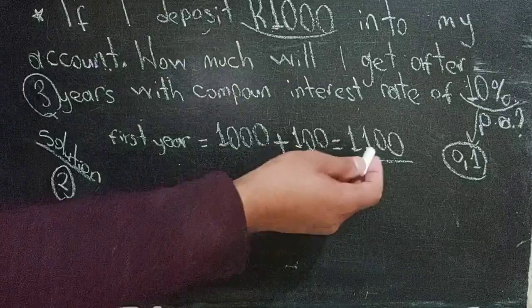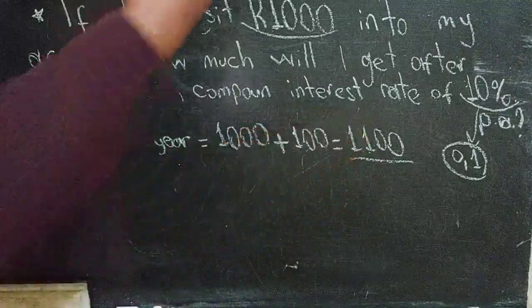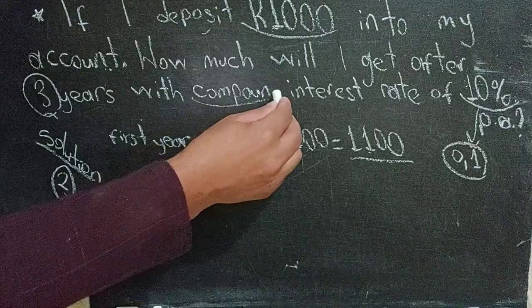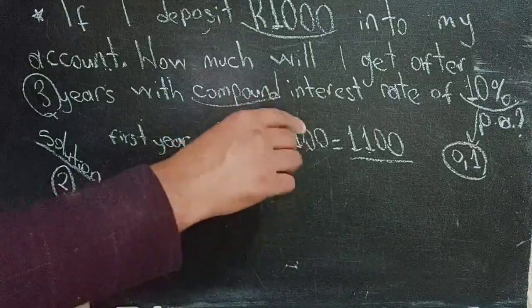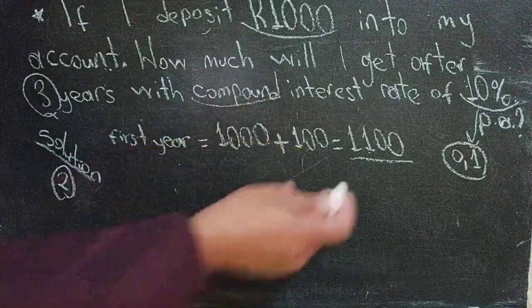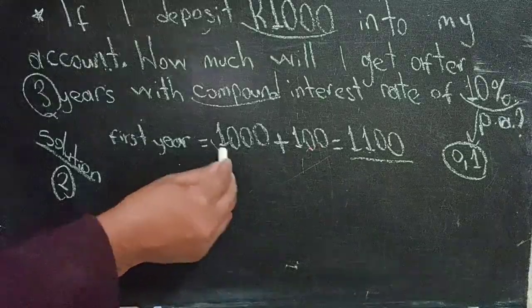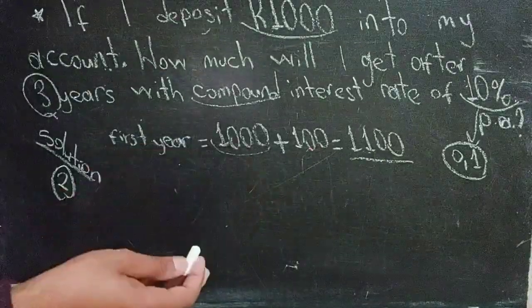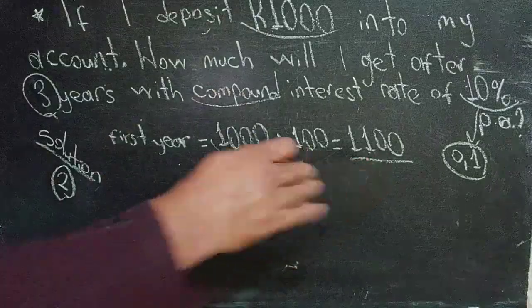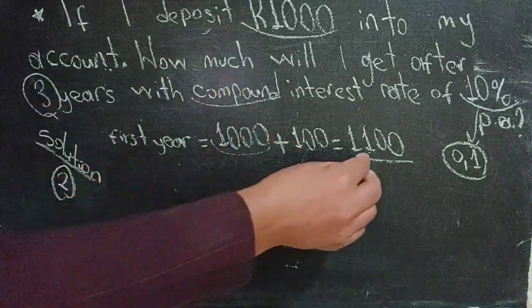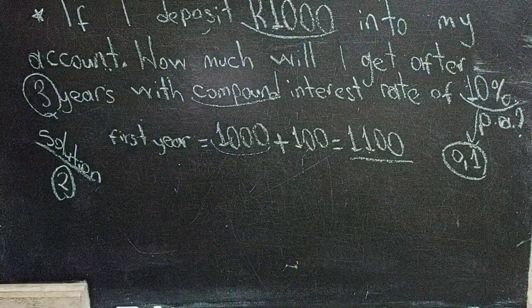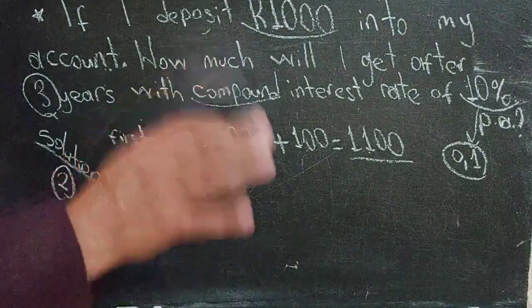That thing makes the interest compound interest. In simple interest, remember we were calculating with that 1000 every time. But now you are going to calculate for each year with a different amount. That's why it's called compound interest.